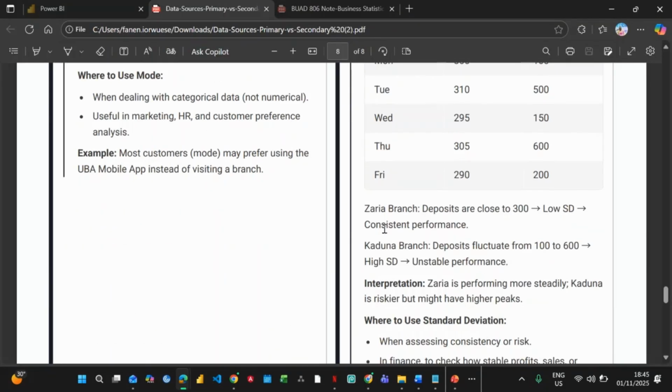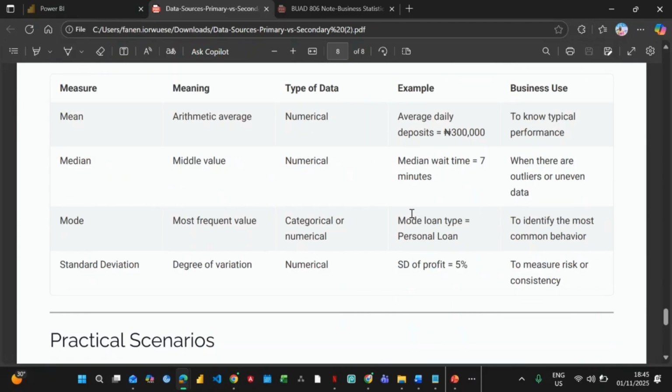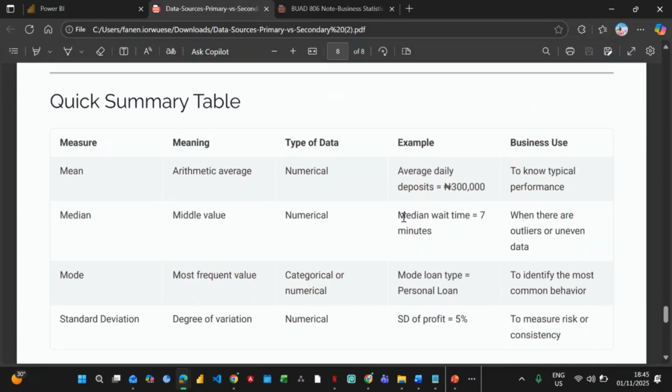So what you see here is just a summary of everything that we have learned in the module study one session. So the mean is just the arithmetic average, the numerical average daily deposit, to know the typical performance.